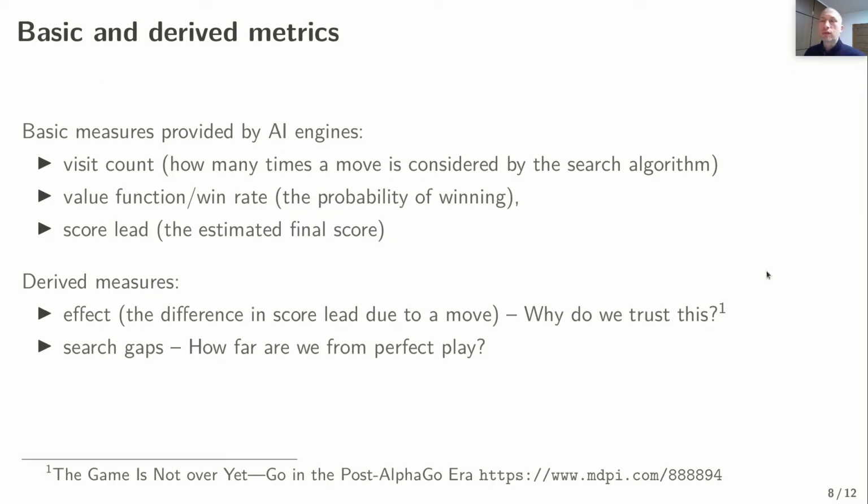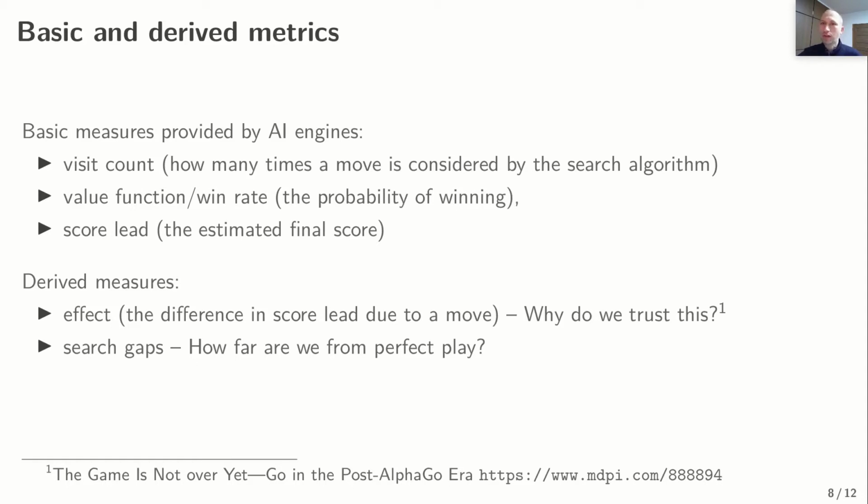What we try to do is assess the performance of players, a high resolution, move-by-move assessment, in order to figure out the probability of a player cheating. There are some basic measures provided by the AI engines themselves, and one is the visit count.